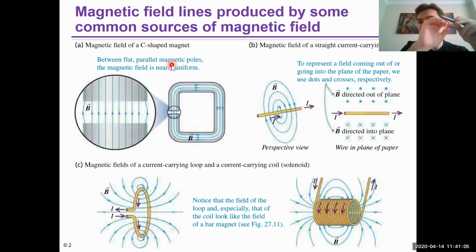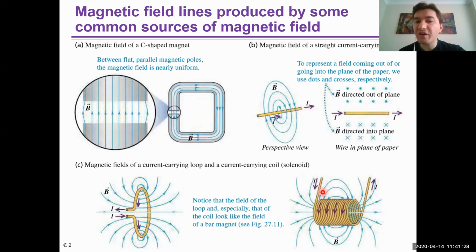The current is shown by the fingers, and then the thumb will show you the direction of the magnetic field. So currents are shown by the fingers, and the direction of the magnetic field is shown by the thumb in that case, by applying the right-hand rule. Here we have current, here we have magnetic field.